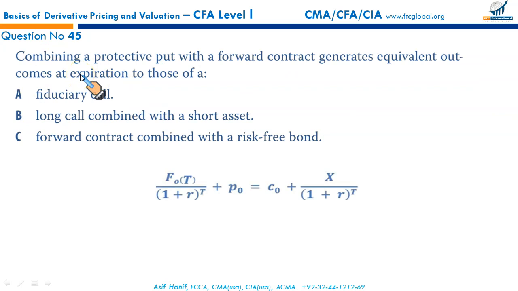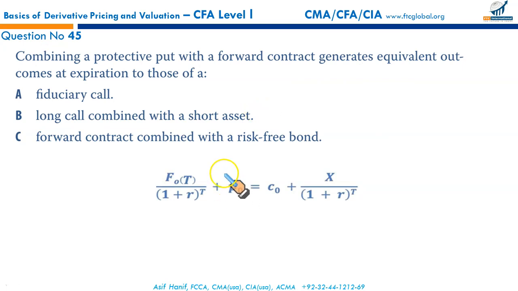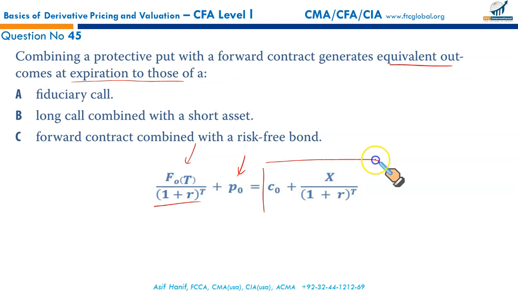Combining a protective put with a forward contract. Now this is your put call forward parity. Okay, now this is your protective put and a forward contract. It generates an equivalent outcome at expiration to those of a fiduciary call. If you have done your reading overview, you would know that this aspect represents the fiduciary call.